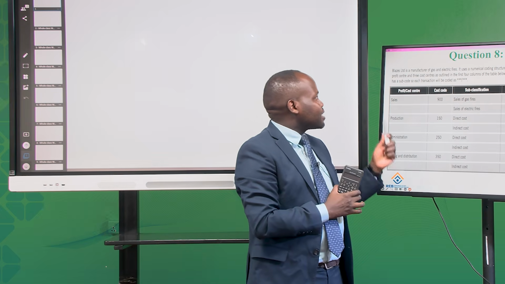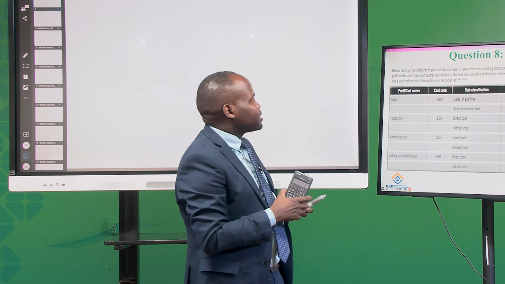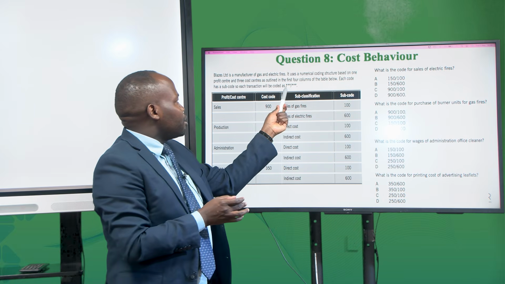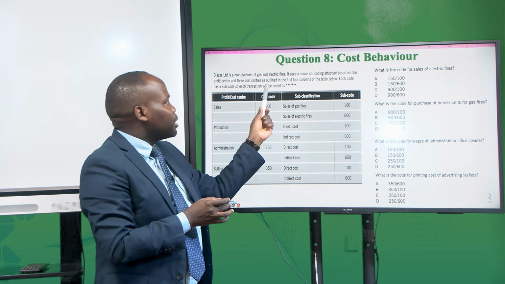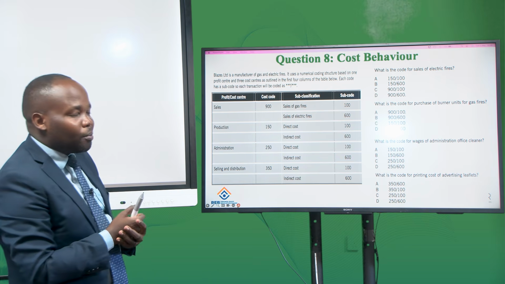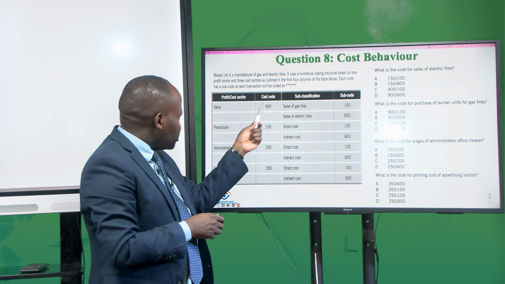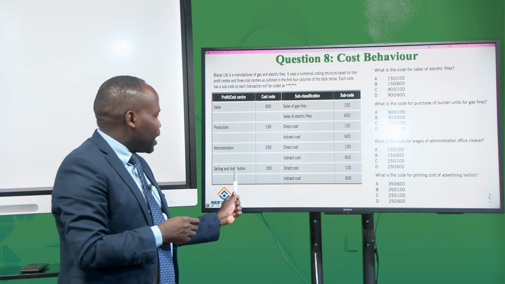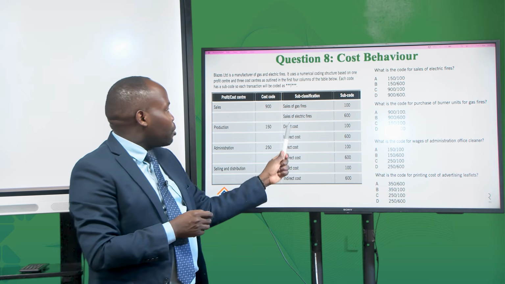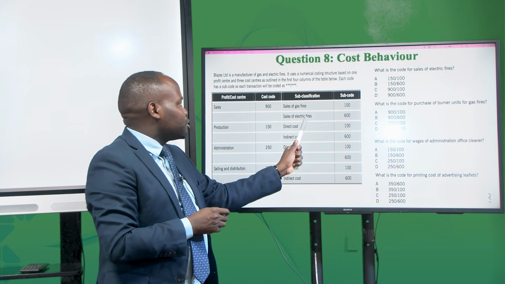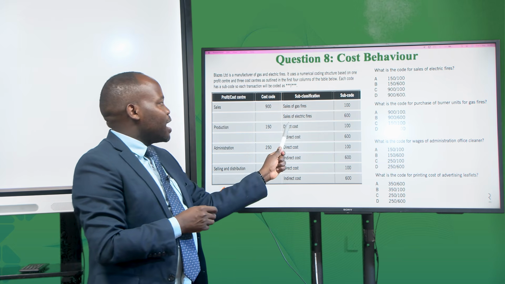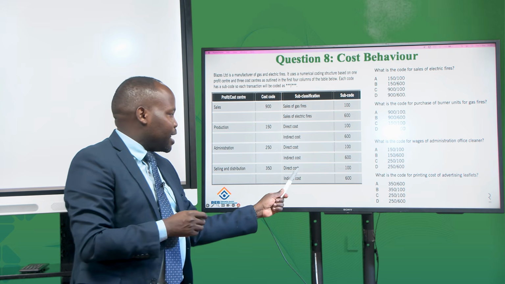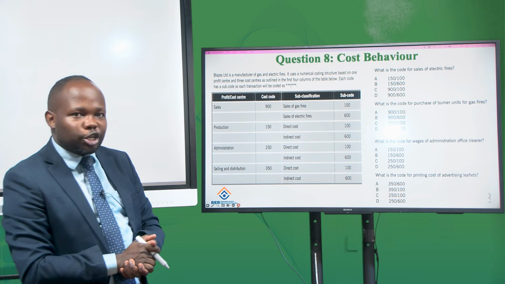Each code has a subcode, so each transaction will be coded with the main code, the first three digits, and the stroke, the last three digits, which are the subcodes. The codes are sales 900, production 150, administration 250, and selling and distribution 350. And then the subcodes: sales of gas fires and sales of electric fires are under sales. Direct costs and indirect costs are under production, administration, and selling and distribution.